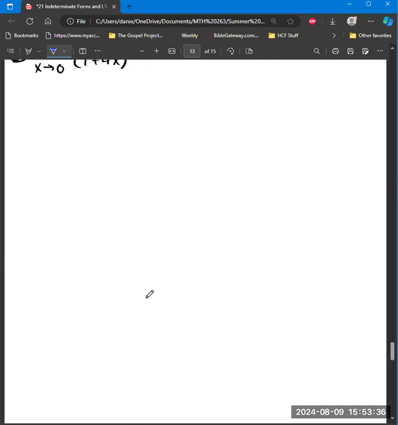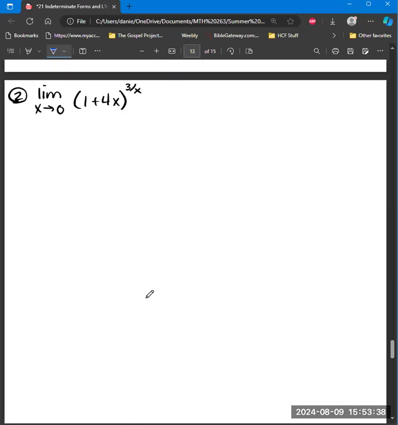Let's go ahead and look at this next one here, where if I try direct substitution, this is 1 to the infinity. Not sure if that's plus or minus, depends which side I'm coming from, but it's 1 to the infinity or 1 to the negative infinity.